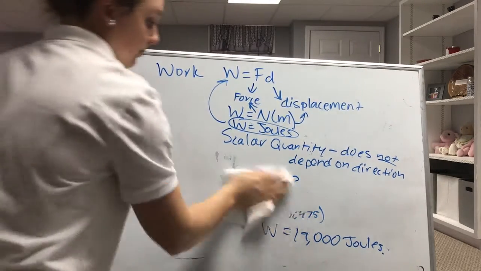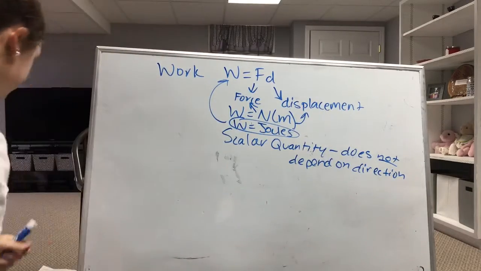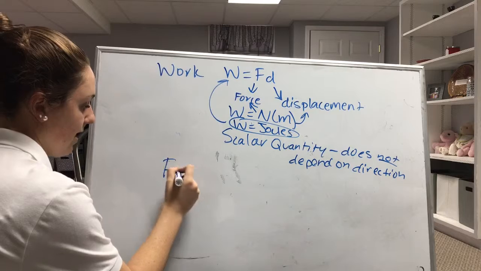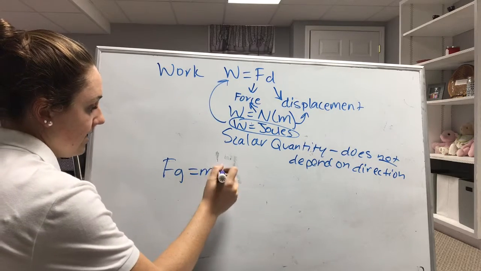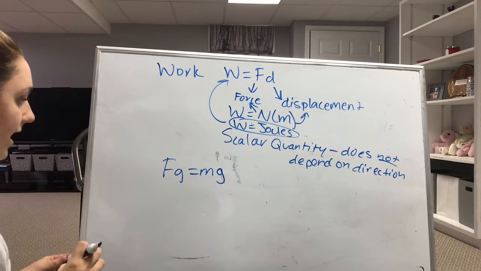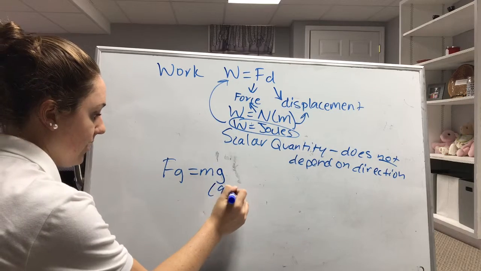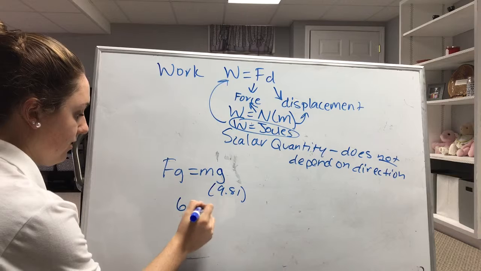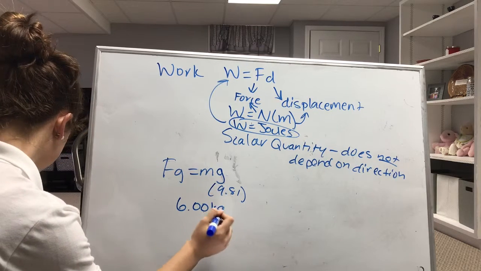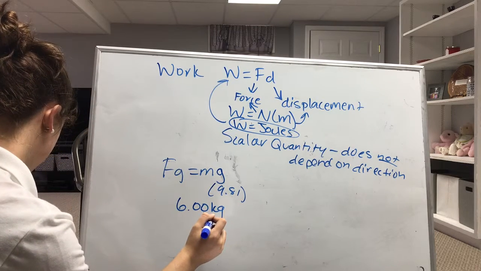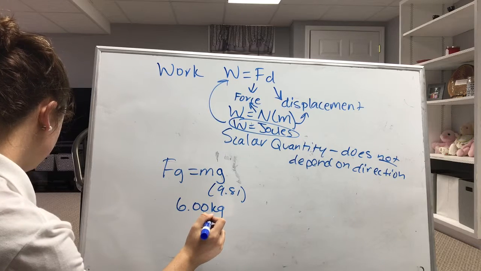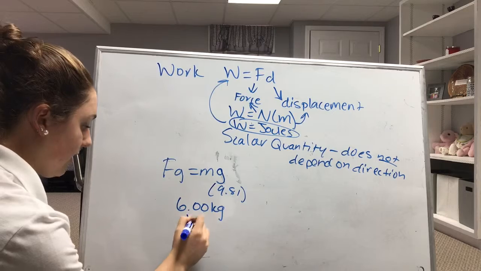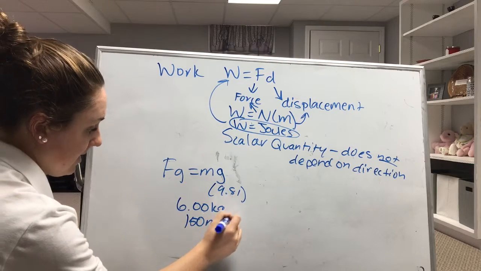You can also find work using force due to gravity. If we remember, force due to gravity is equal to mass times the gravity acceleration constant, which we know is 9.81. We could say that if we had a 6 kilogram car and you do work by lifting it, how much work can you perform in a 150 meter distance?